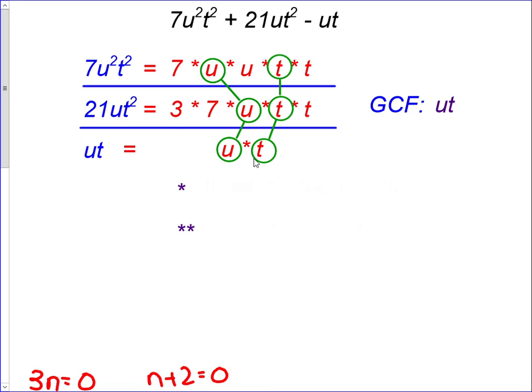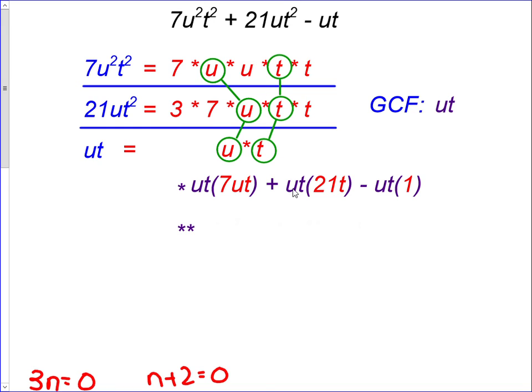Now I'm going to rewrite each one, and I'm going to use ut as the coefficient. So for 7u squared t squared, I'm going to rewrite that as ut times 7ut. And then for 21ut to the second power, after I pull out ut, all that's left is 21t.